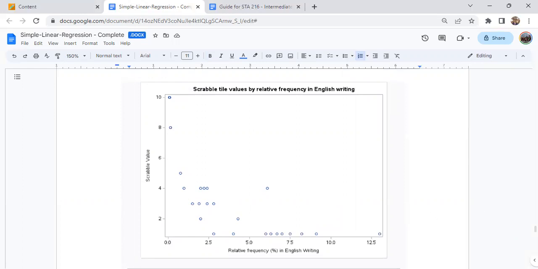It's not the worst, but no matter how you draw a straight line through here, you kind of miss. You're under predicting over here, over predicting in the middle, maybe under predicting at the end. It's not really getting at it very well. But again, I've seen worse.